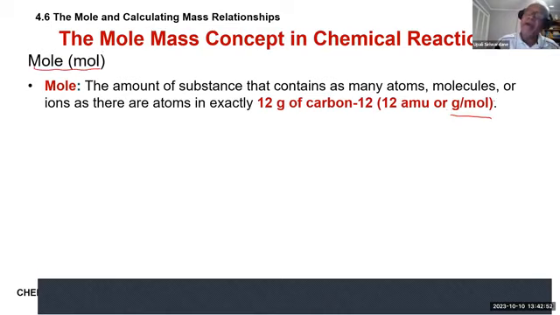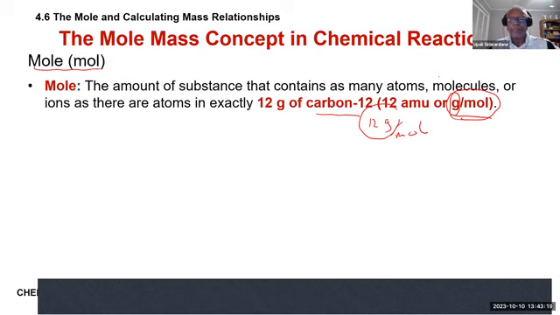From the formula mass, it's given as the grams in 1 mole of that material. It's obtained from formula weight. Carbon 12 has a molar mass of 12 grams per mole. That means 1 mole is 12 grams of carbon 12 isotope.